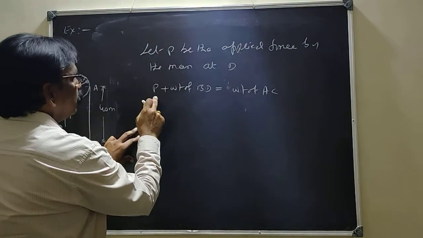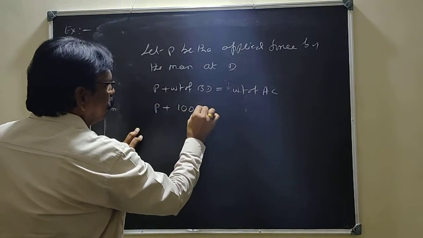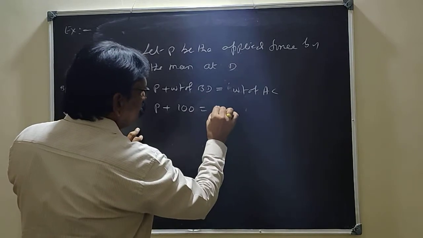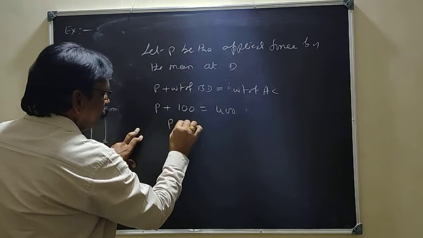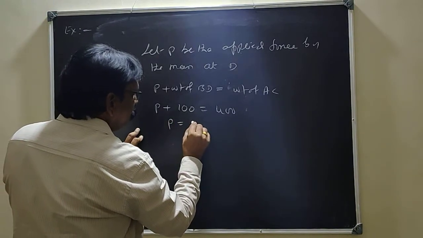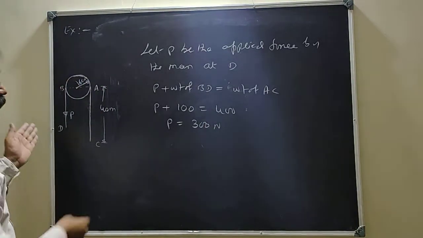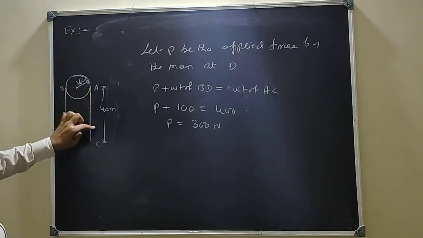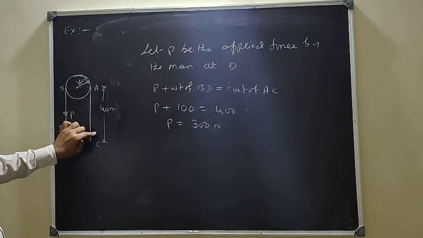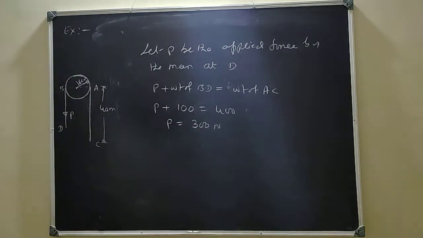So here the P is to be applied plus weight of this one already I have calculated, that is 100, that is equal to the weight of this one, 400 Newton. So therefore the force to be applied should be equal to 300 Newton, so that on both the sides it will be balanced. That means weight plus applied force must be equal to the weight of the chain on this side for the equilibrium. So therefore P is equal to so much.